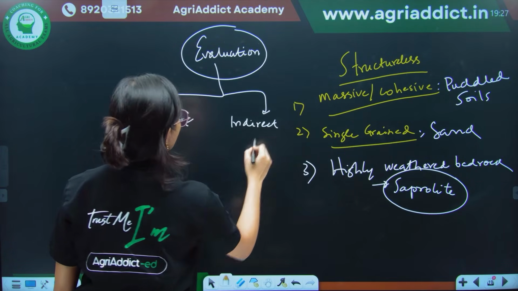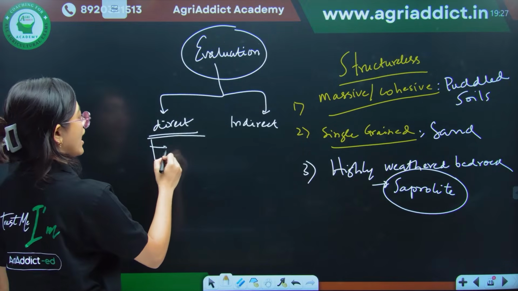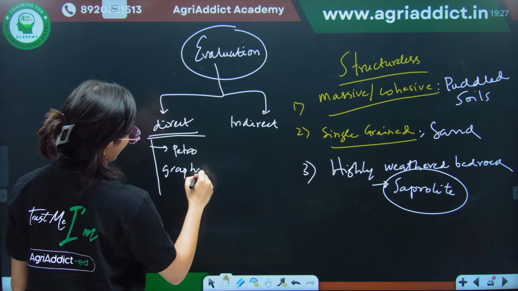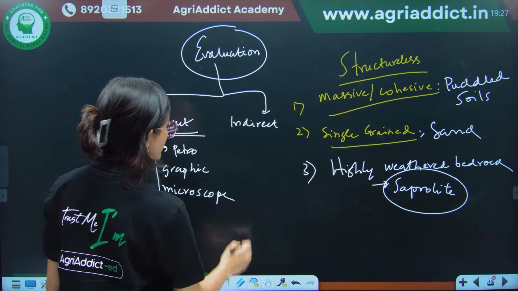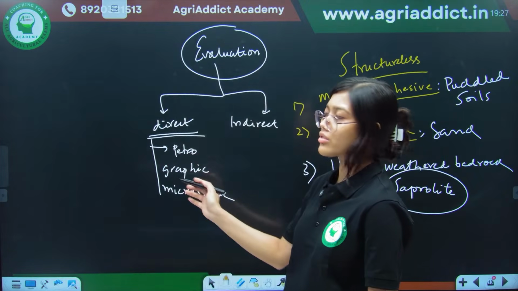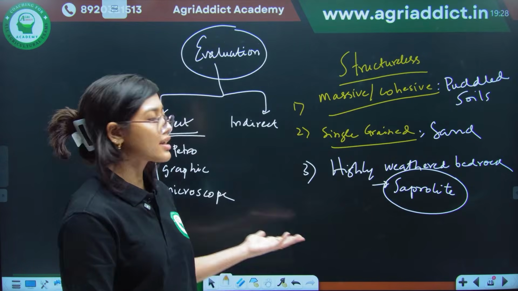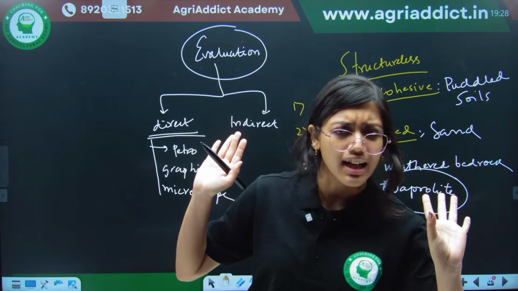In direct methods, we can have the petrographic microscope. You are directly taking your soil and placing it under a petrographic microscope. Petrographic means it is related to rock arrangement and formation. So you are directly keeping it under the microscope and analyzing the class, size and type of structure.